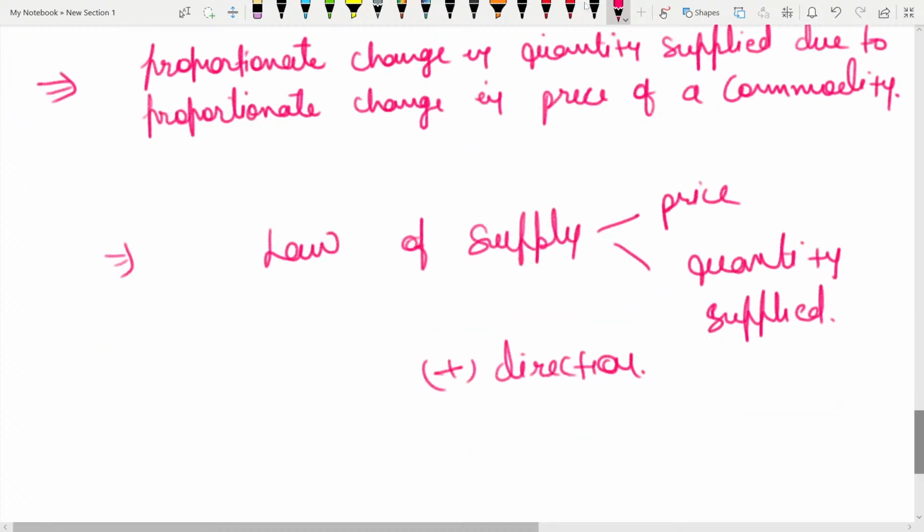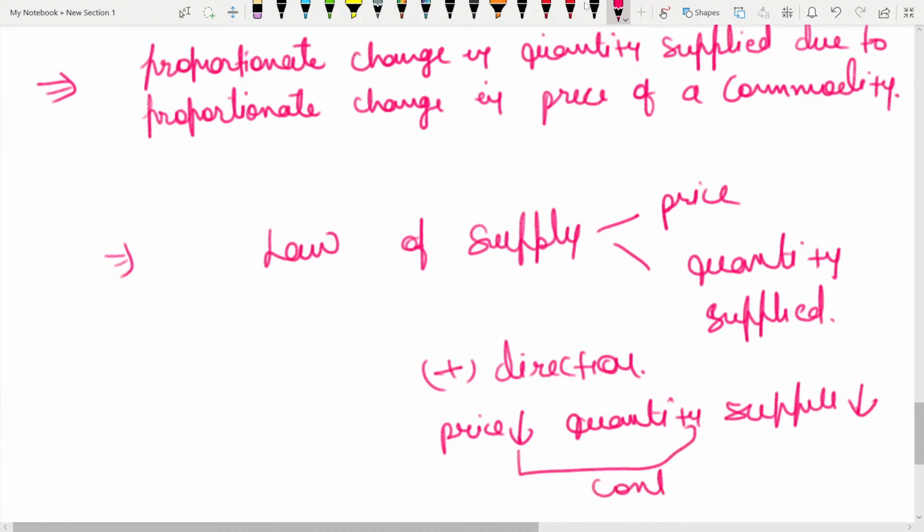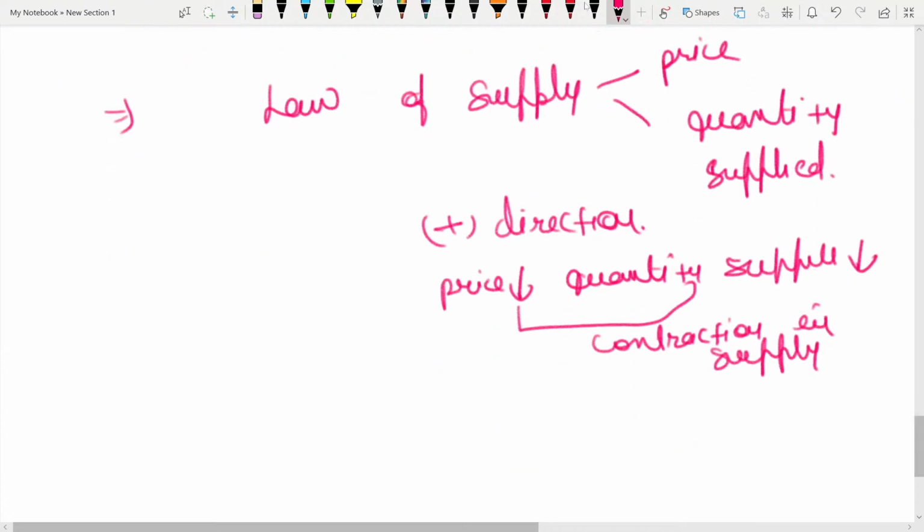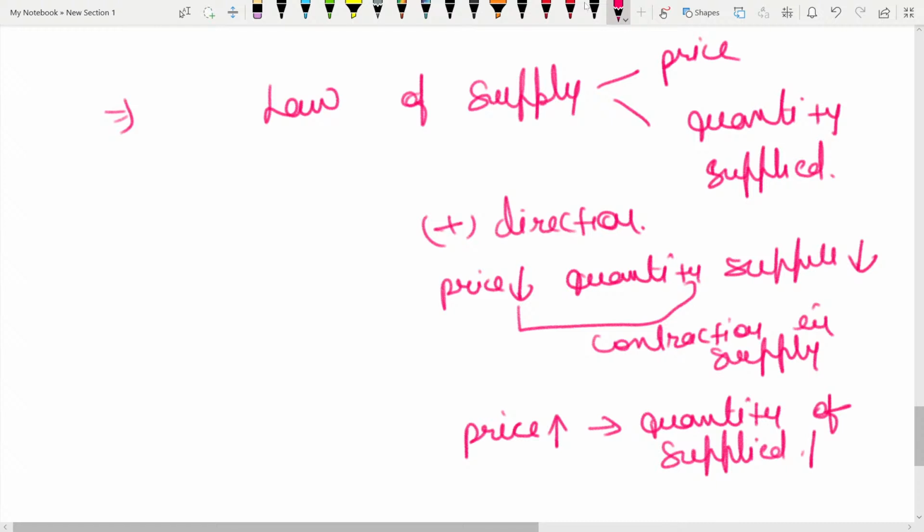Okay, so it talks about that if price falls, quantity supplied contracts. So this is what contraction in supply curve is. And in the other way, if the price of the commodity has gone up, quantity supplied has also gone up.